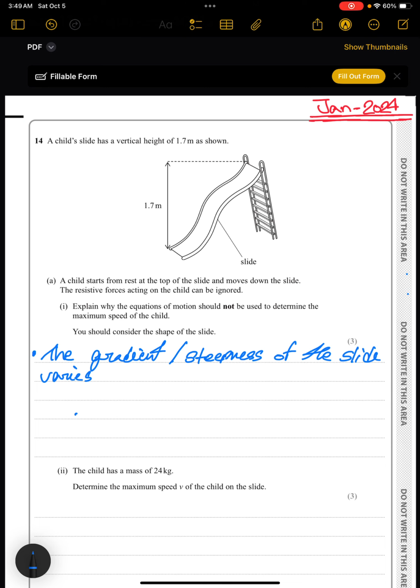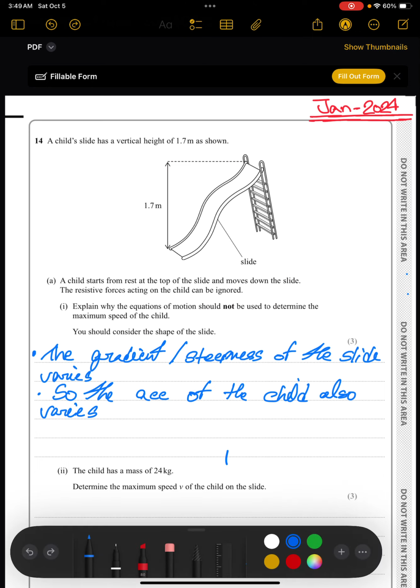This is our point number 1, and the point number 2 will be, the acceleration of the child also varies.